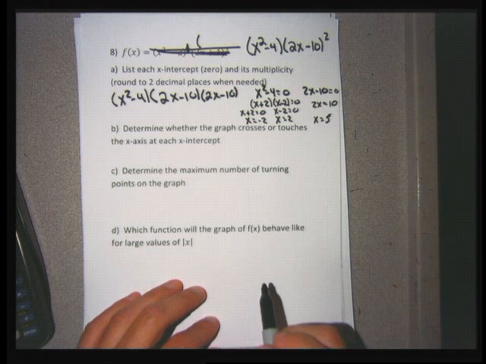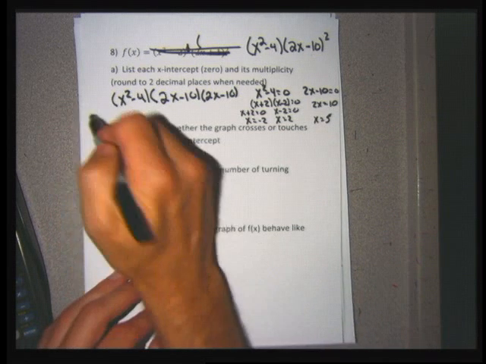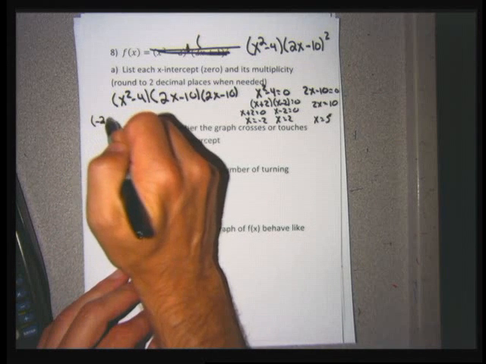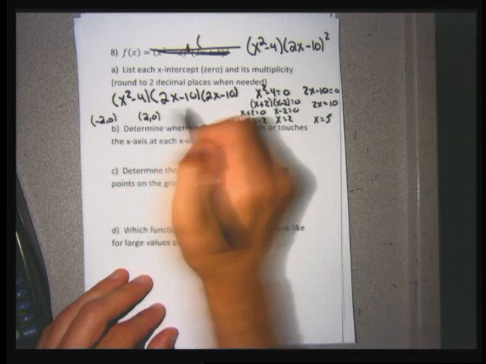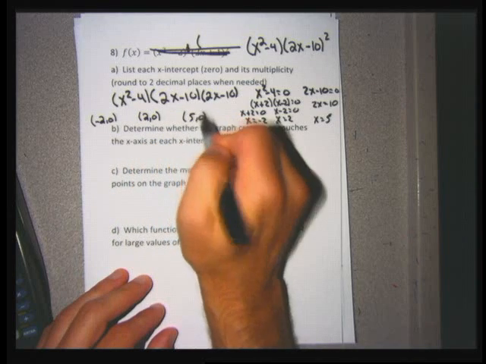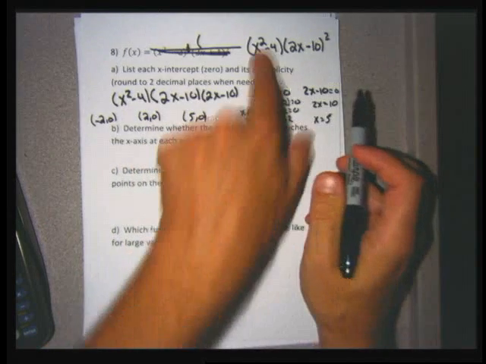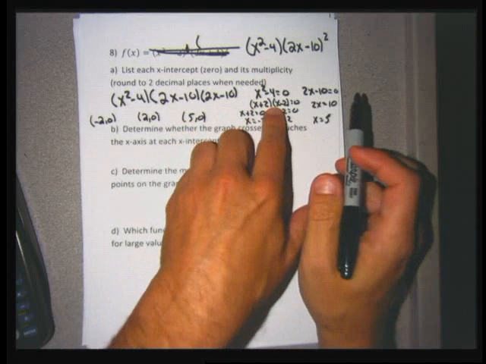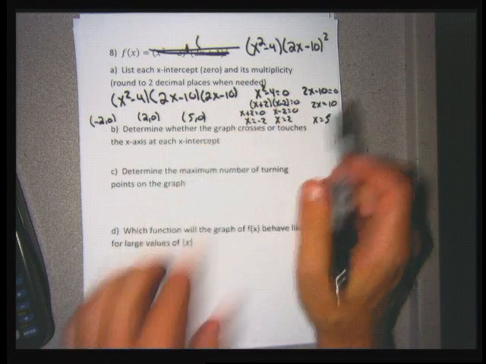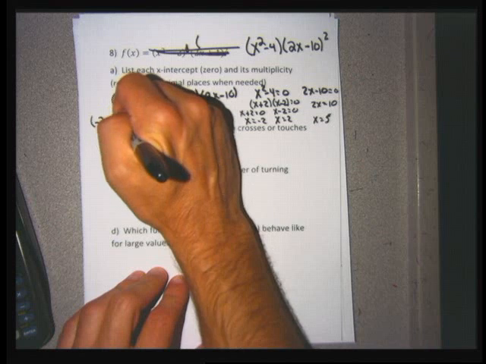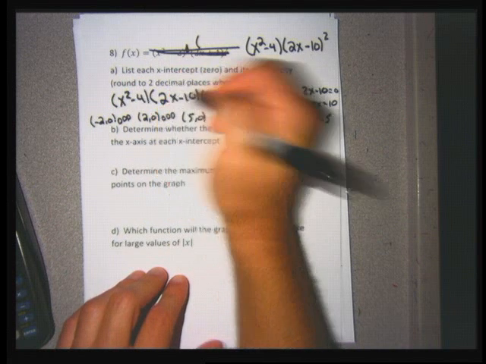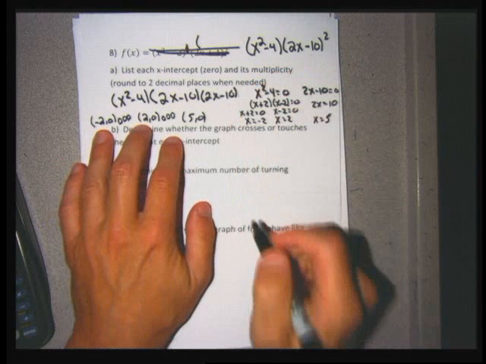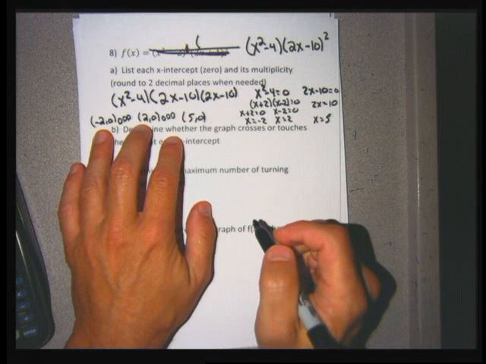So there's going to be 3 x-intercepts. The x-intercepts are going to be negative 2, 0, positive 2, 0, and positive 5, 0. Each of these came from a parentheses with an exponent of 1. They have odd multiplicity. And you'll be able to tell from the graph if you've messed up on the multiplicity. If the graph doesn't cross the x-axis and it touches the x-axis, you were supposed to write even.